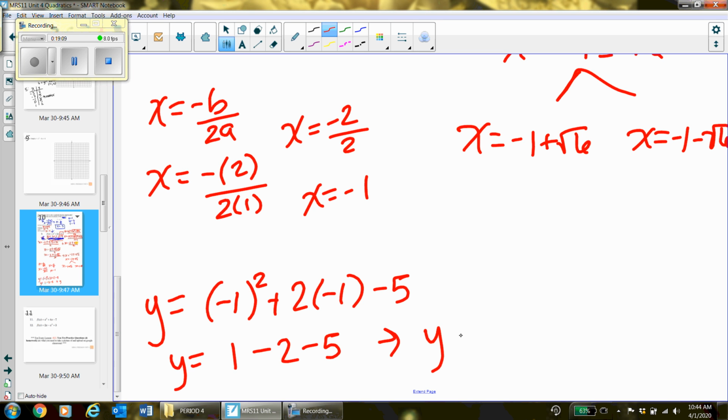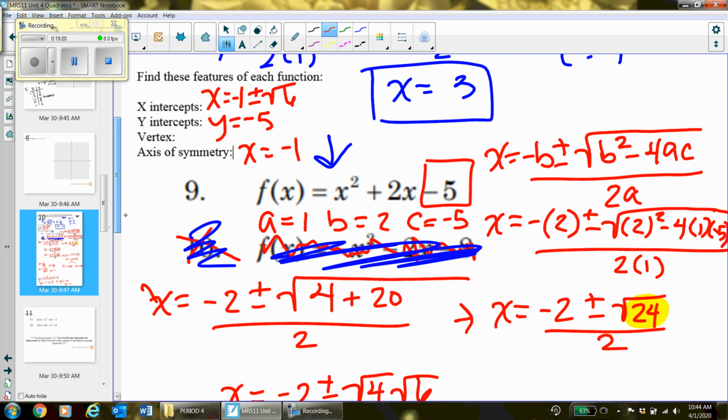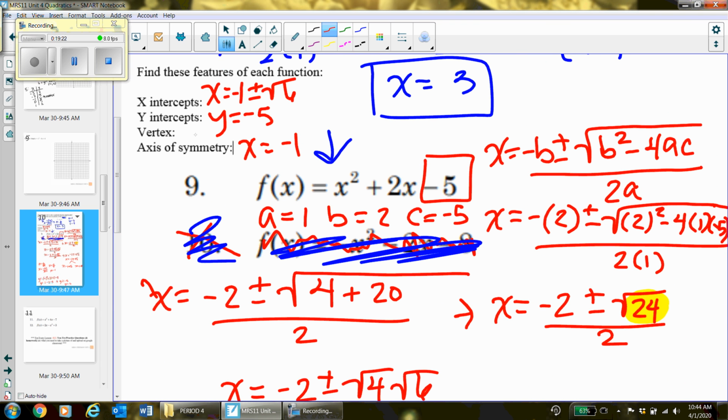So y is equal to -1 minus 5, which means y is equal to -6. So the vertex here is -1 comma -6. All right, so now that's how you would solve this algebraically, and then the same method, use the vertex to begin graphing if you needed to. But this is how you solve algebraically.